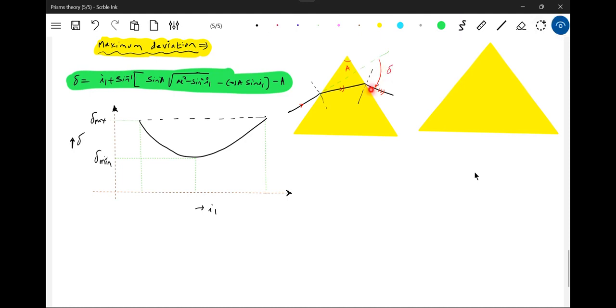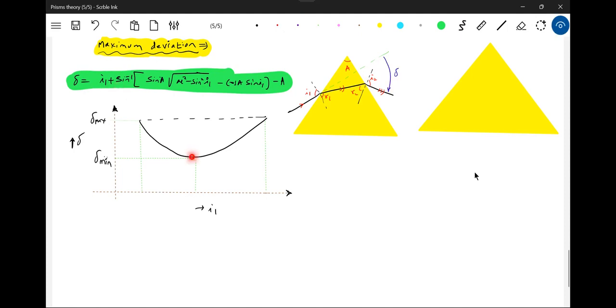Fine, at least now you are able to understand, and this is the angle of incidence. R1, R2. This is the emergent angle, E, I'll write it, or I2. This is the deviation. Okay, got this?